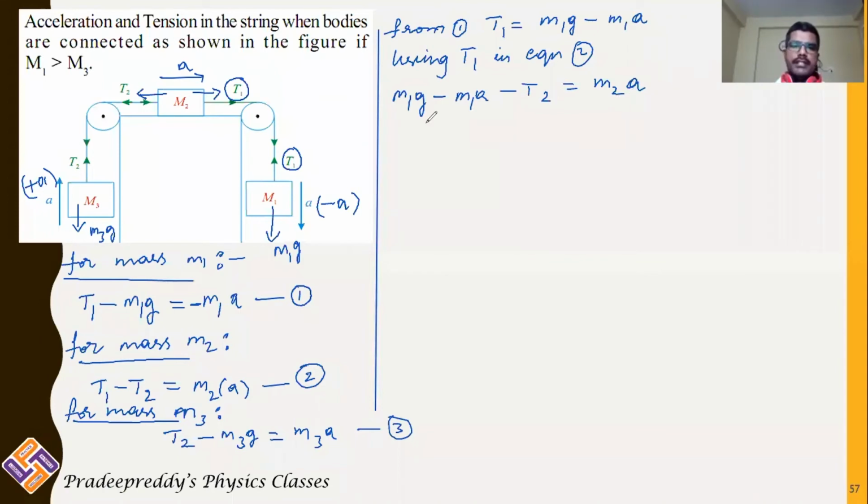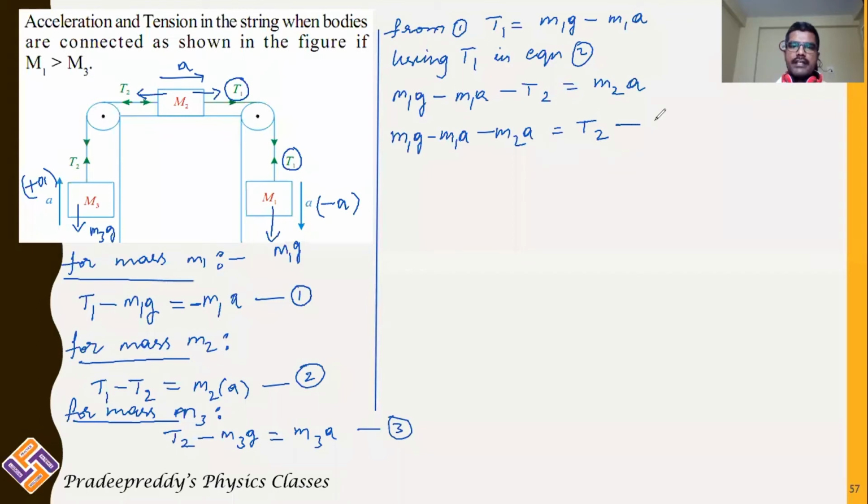This gives T2 is equal to m1g minus m1a minus m2a.